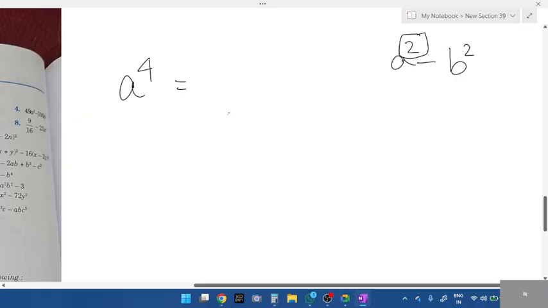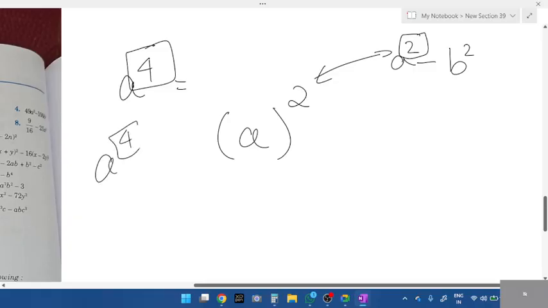Now what I need is, in the outermost value, the value should be 2, so that I can apply A square. But what's the power we have here? 4. So take this 4, divide it by 2. What's the answer you get? That 2 should be written here. So this A to the power of 4, we have to write as A to the power of 2 to the power of 2.